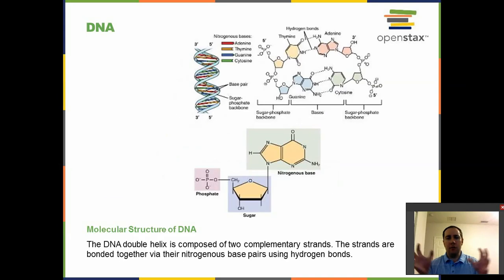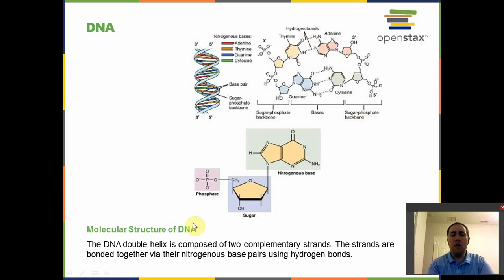So if we zoom in on our nucleotides, I mentioned last week that hydrogen bonds were going to be very, very important in DNA. And hydrogen bonds, remember, are bonds formed by the sharing of a hydrogen atom. Actually, let's go to the bottom.